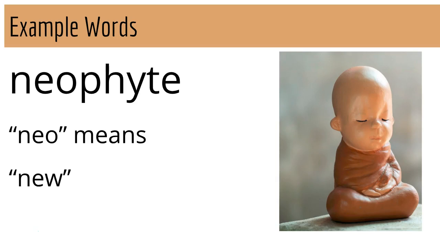But when we talk about a neophyte, we're not usually referring to a plant. We're usually referring to somebody who's new at a particular job or at a particular position. Somebody who's new at something. It's like they're a new plant and we have to take care of them in order for them to be able to grow and flourish.